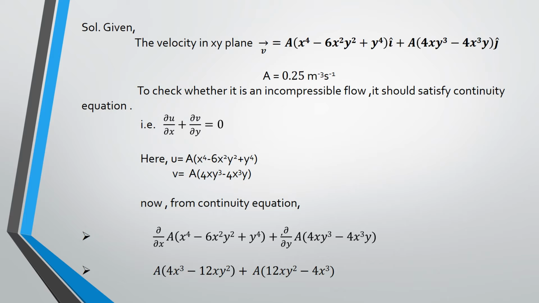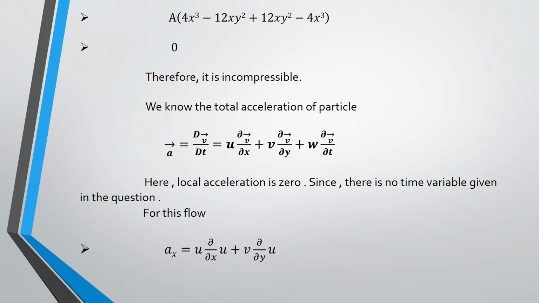By solving this, we get a into (4x cube minus 12x y square) plus a into (12x y square minus 4x cube). Solving the above equation, we get 0. Since it satisfies the continuity equation, it is an incompressible flow.